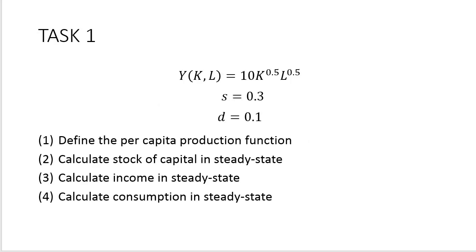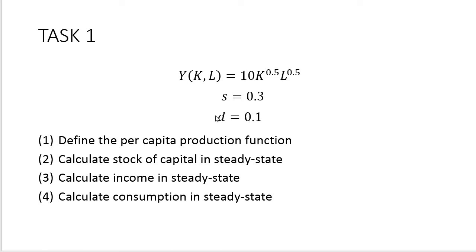Okay, so now this is a task for you. This is the production function, 10 times k to the power 0.5 times L to the power 0.5. We assume the savings rate to be equal to 0.3. Basically this implies that out of any amount of additional income, 30% is assigned to saving.